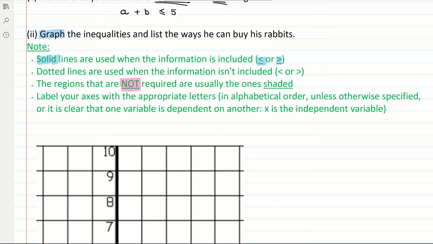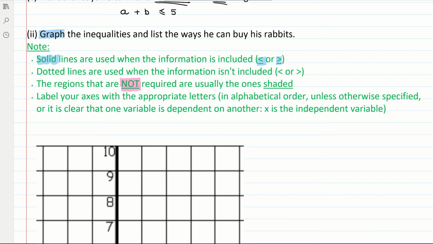And then you label your axes with the appropriate letters. If they don't tell you which letter is the x-axis and which letter is the y-axis, then you label them in alphabetical order, unless otherwise specified, or it is clear that one variable is dependent on another.